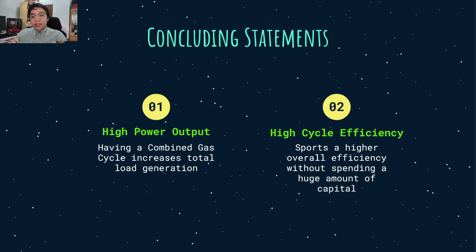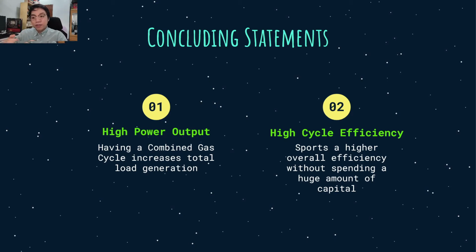The combined gas cycle has a high power output. Stating the obvious, a combined gas cycle utilizes a gas turbine and a steam turbine. What makes this cycle so attractive to a lot of investors and even engineering, procurement, and construction services, is that a combined gas cycle gives you more for what you put inside it.